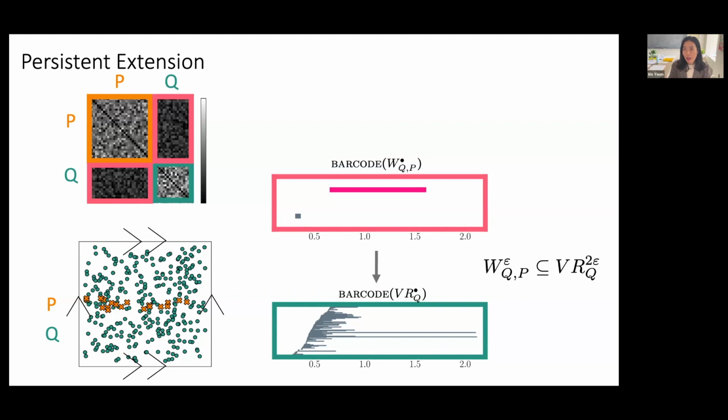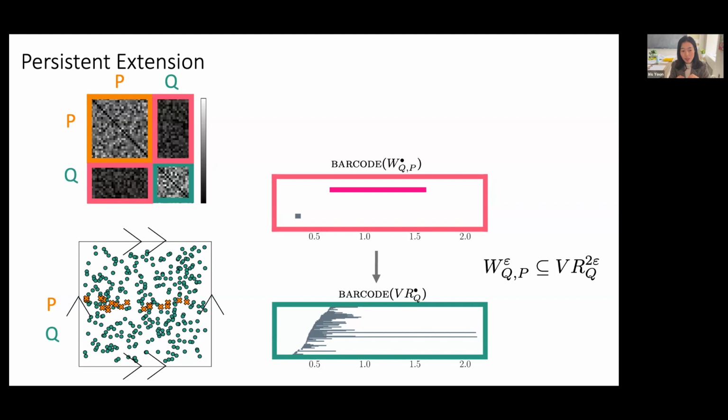But if you try to use the fact that a witness complex at a particular parameter is contained in the Vietoris-Rips complex with the doubled parameter to relate the bars in the two barcodes, what often ends up happening is that the moment you double the parameter for the witness complex, you end up trivializing a lot of the cycles that you're interested in.